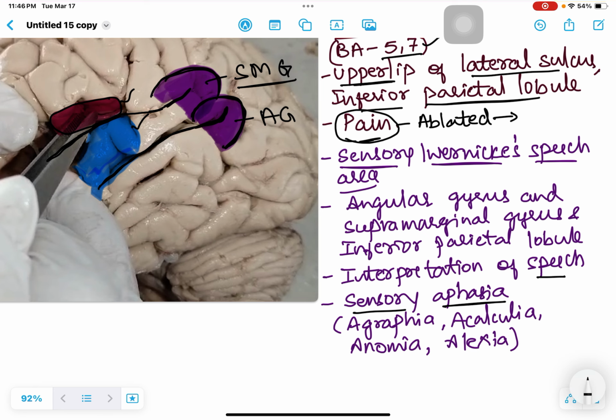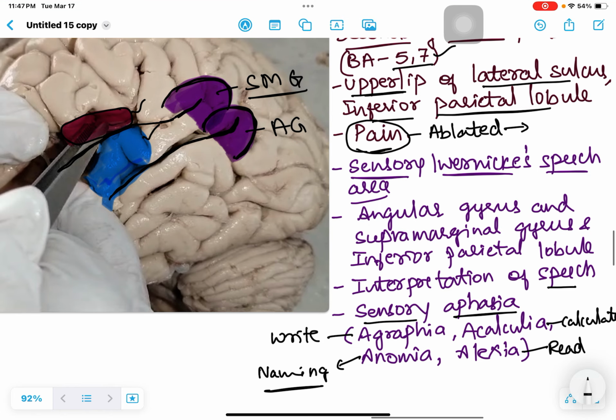This person cannot read, that is alexia, he cannot write, agraphia, he cannot calculate, acalculia, and he cannot even name objects, that is anomia. So this is about the sensory speech area.